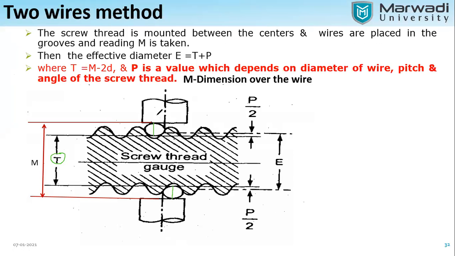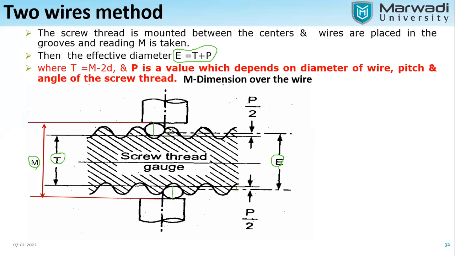We get the maximum dimension over the wire, which is denoted by the letter M. In between the dimension under the wire, T, and the effective diameter line, there is a gap of P. So our total effective diameter will be T plus P. Now we just have to find out this small distance, and for this small distance we have to derive a formula.